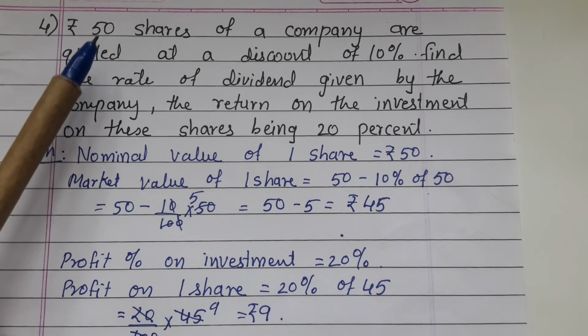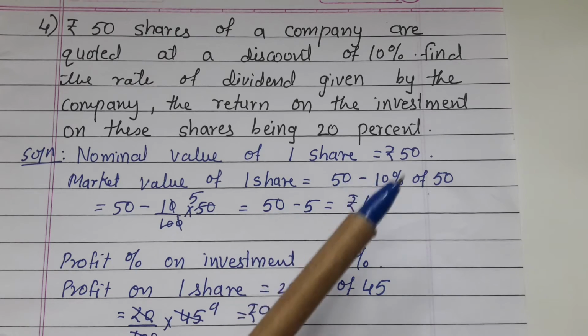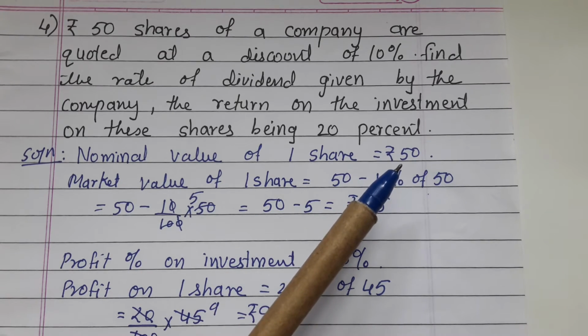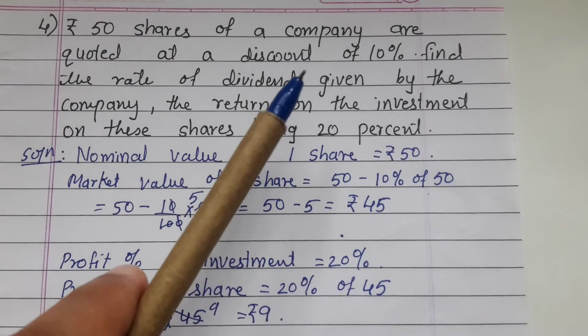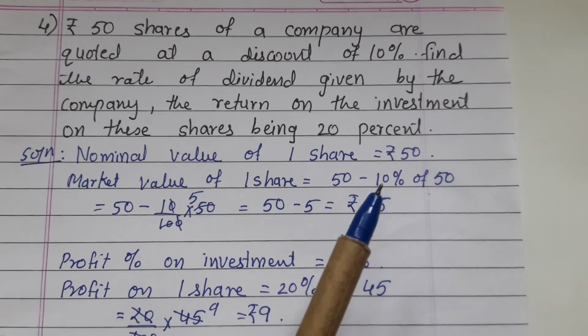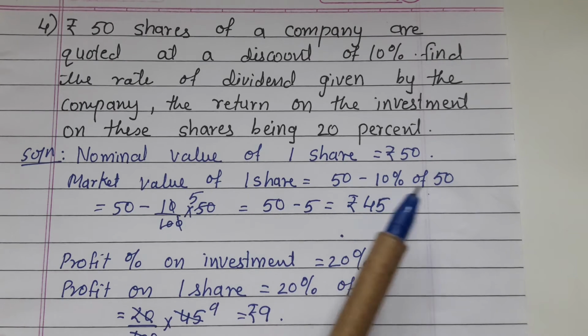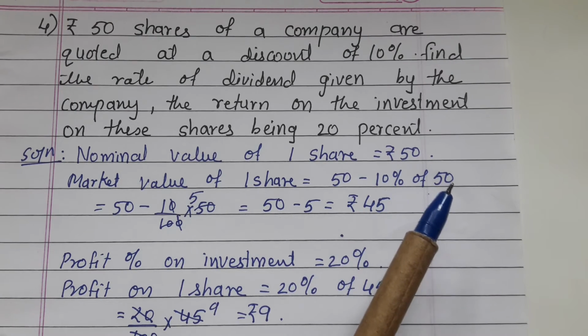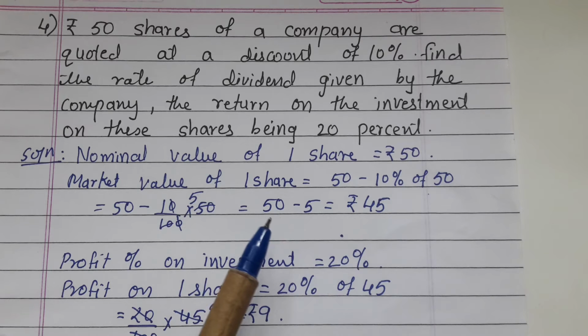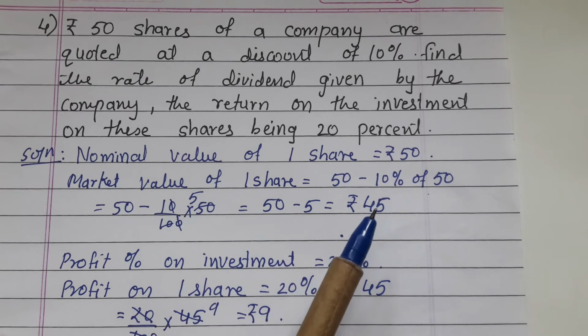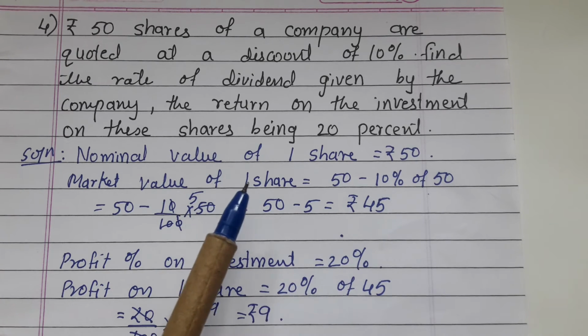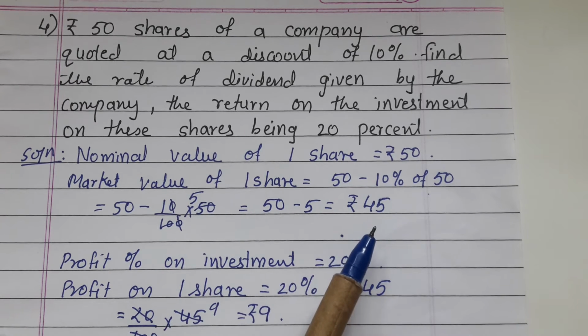So first, nominal value of one share is 50 rupees. Discount of 10% means 10% of 50, that is 5. 50 minus 5, 45. Market value of one share is 45 rupees.